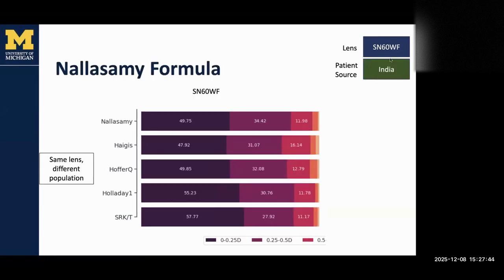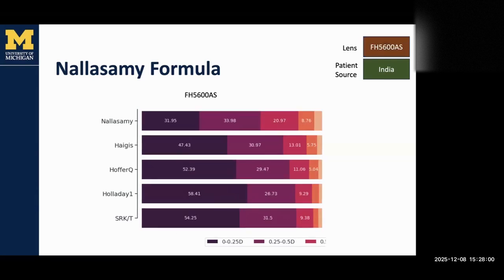However, once we switch to a different population, even though it's the same lens, the formula starts to lose performance. In fact, it's not performing as well as some of the other formulas. And when we changed the lens as well, this formula did really badly.